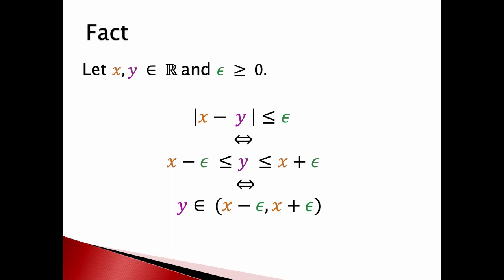Okay, so this fact may seem really weird. It's like, what are you doing? Why are we writing things like this now? That's an excellent point, and this doesn't seem like it's going to be terribly useful or interesting, except very, very soon we're going to be using epsilons and inequalities like this all over the place. And if you don't have this idea in your head, that you understand when you see an absolute value of x minus y less than epsilon, what that's really telling you is x and y have to be within epsilon of each other.